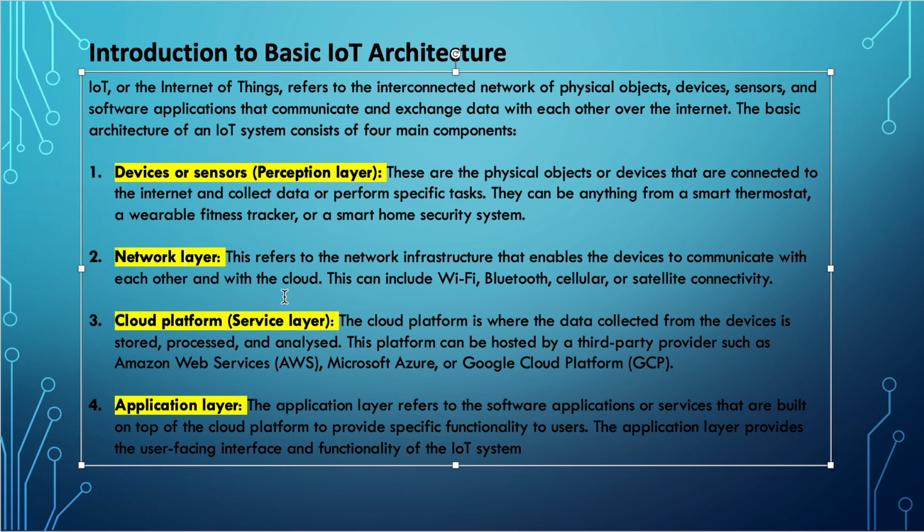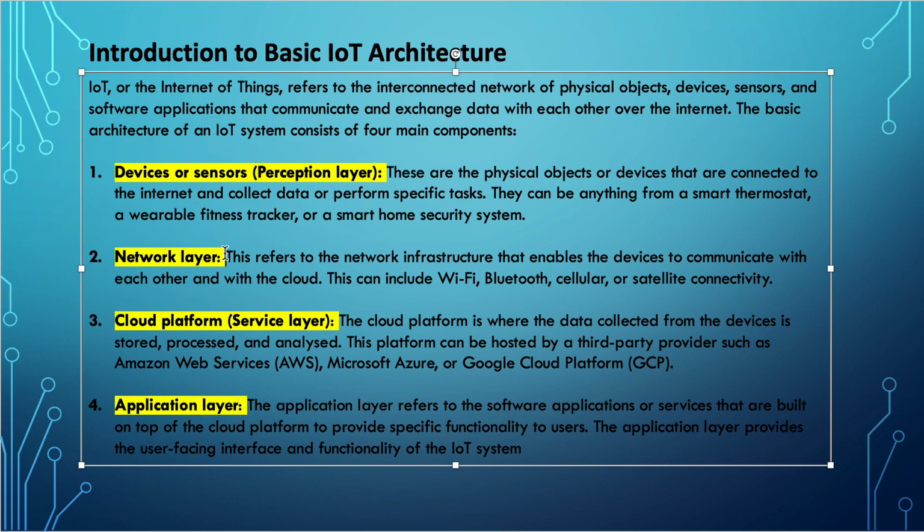I think you have learned about cloud computing. So IoT devices by default these days, when connecting to the internet, connect to the cloud. Examples of networking would be Wi-Fi, Bluetooth, cellular or satellite connectivity.